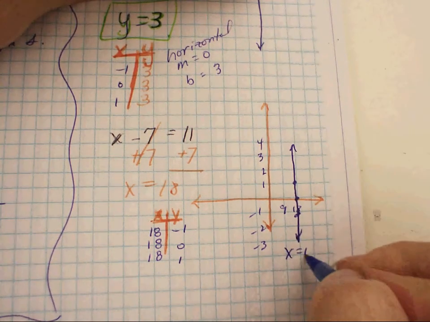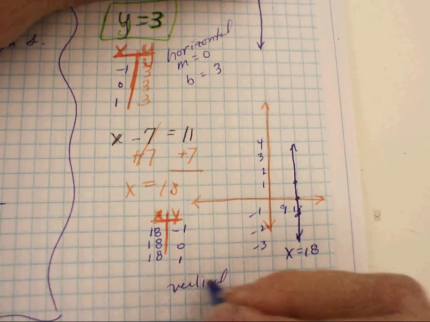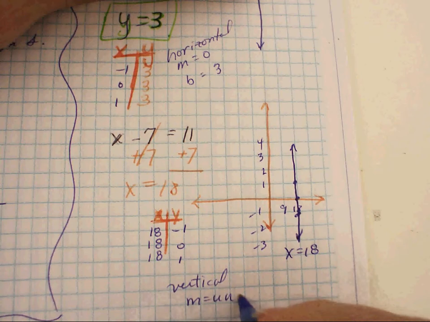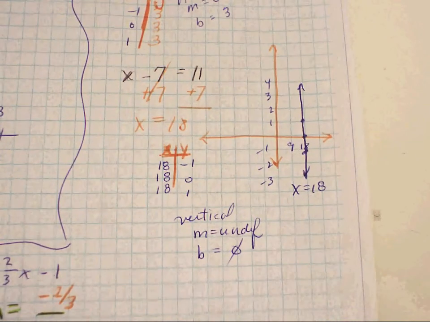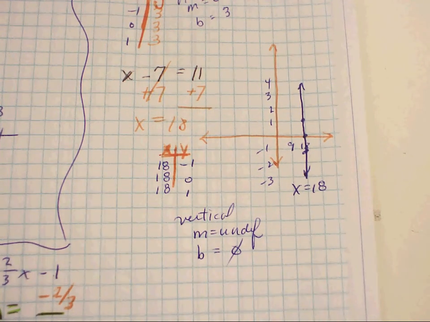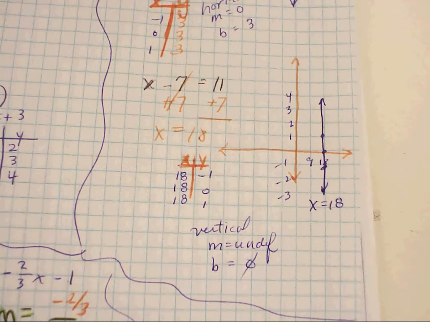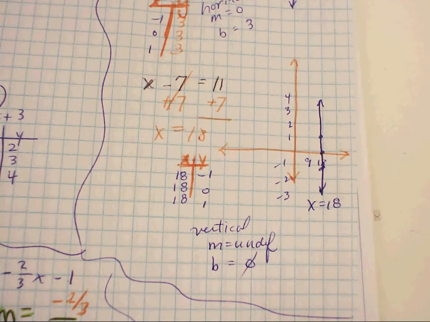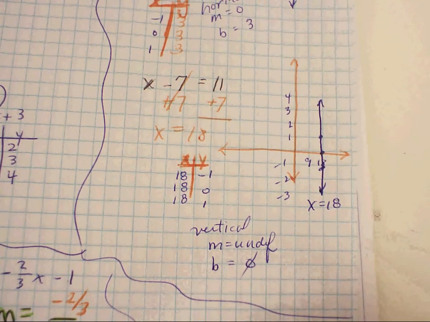So I'm going to go to 18 and go down 1, stay at 0, go 18 and up 1. This guy is equal to X equals 18. He is vertical. His slope is undefined. And he has the null or empty set for his y-intercept. Why is there no y-intercept? Never. It's parallel to it. That's right. Perfect. Keandre, perfect.